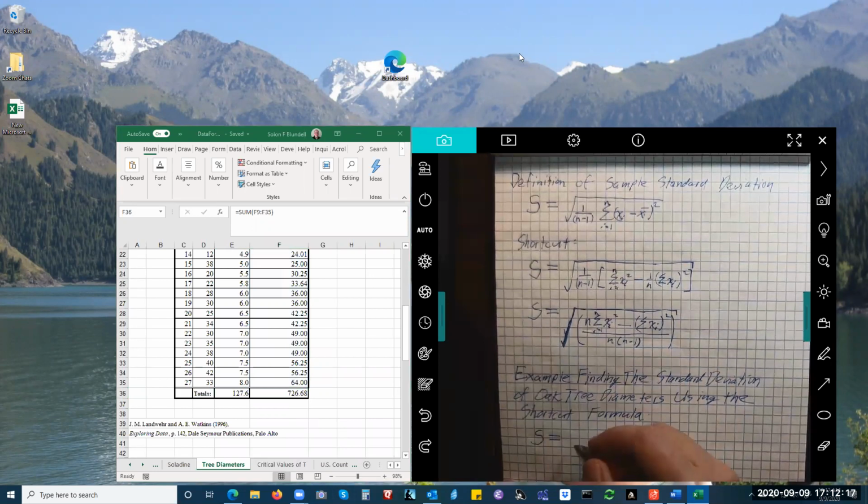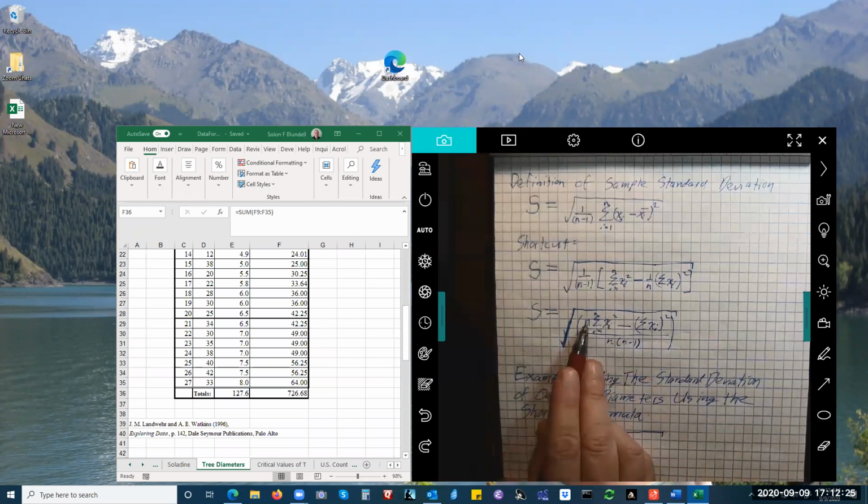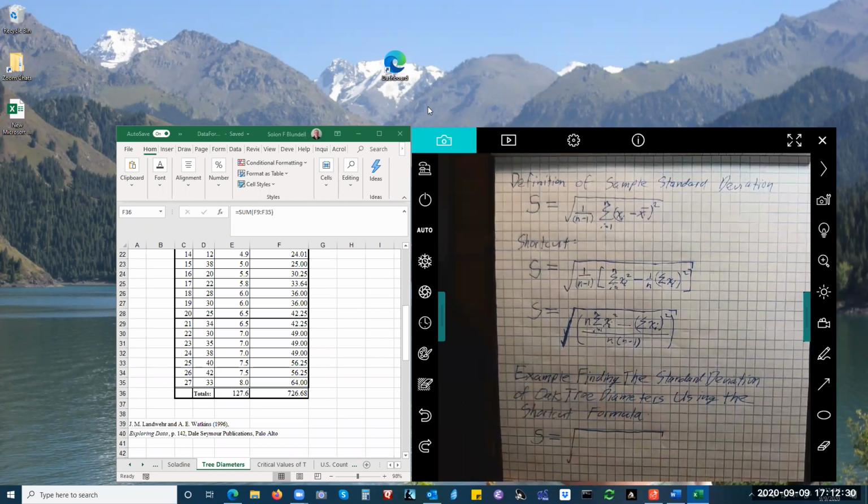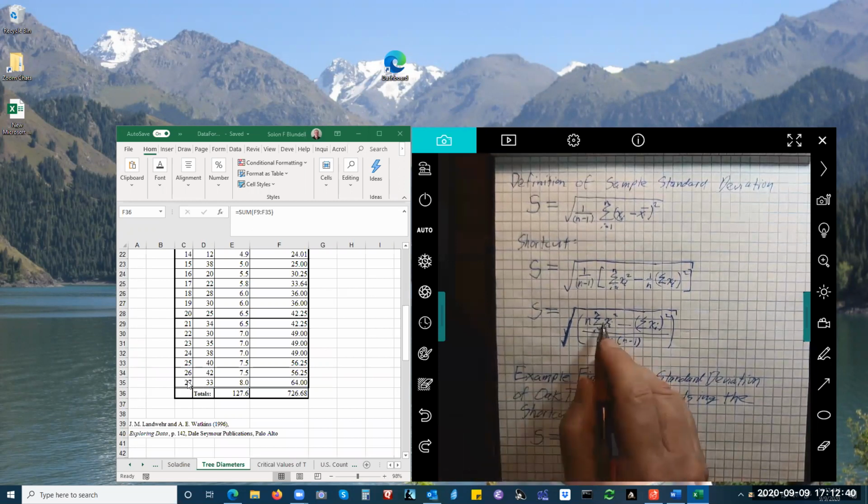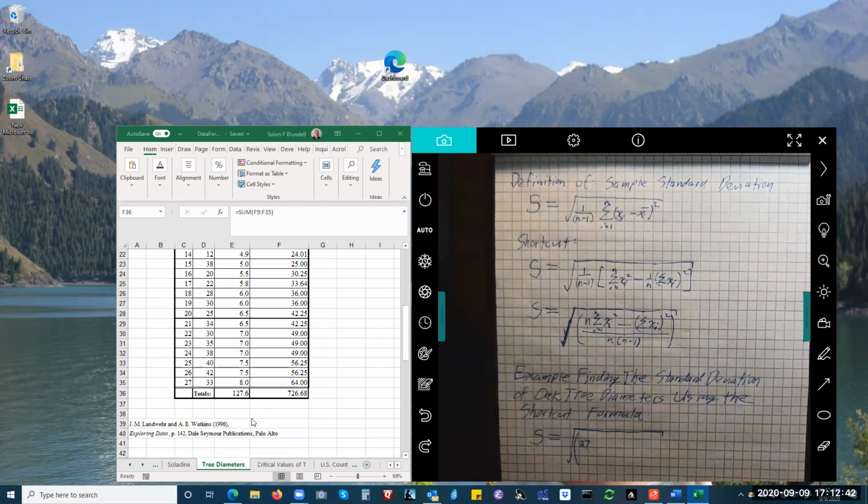So I'm going to copy the formula. All right, the big square root in here is the sample size. There were 27 oak trees. So I have 27. And then the sum of the squares of the x's, that's the 726.68.